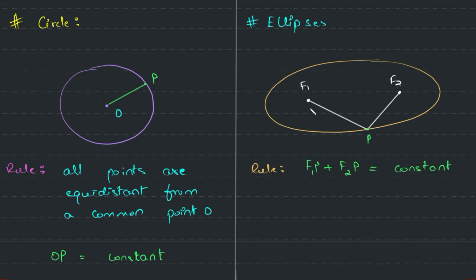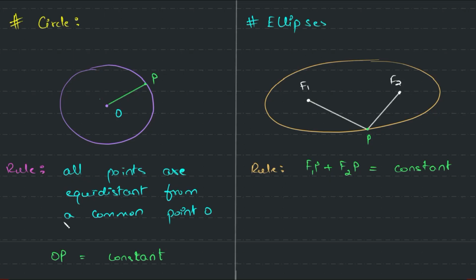If I have any 2 random points, and I take any other random point which is not along this line, and I connect a thread and go around this set of points, I get a shape, and that is your ellipse.